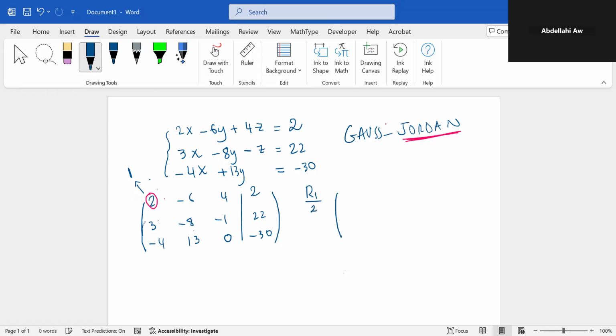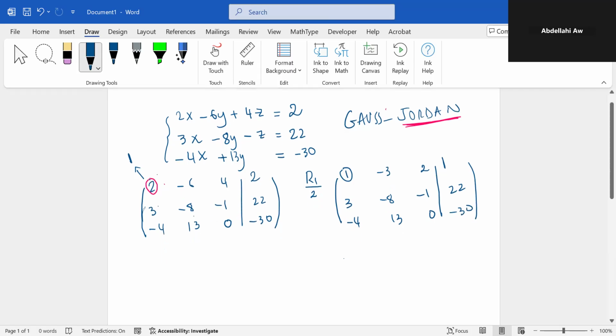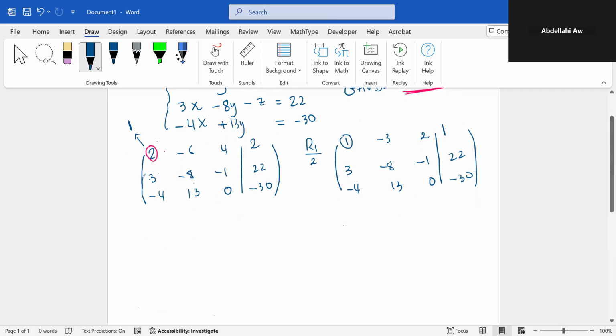See? And this goes quickly: 1 here, -3 here, 2 here, and then 1. Everybody was divided by 2, and then I just rewrite the other 2 rows. I advise you to write all the steps. On your test, I will grade all the steps. The final answer is important, but steps are also important.